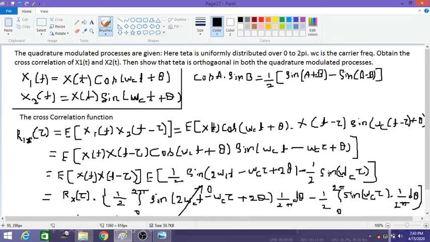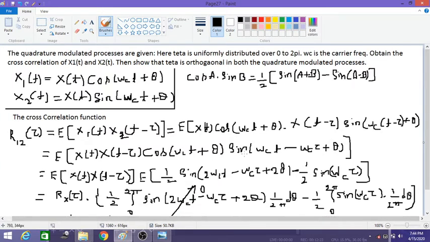So we'll write this as R12 of tau is equal to expectation of x1 of t into x2 of t minus tau. Here rather than taking t plus tau, we have taken t minus tau. Anyway, both are the same. There is no difference at all, just for simplicity.